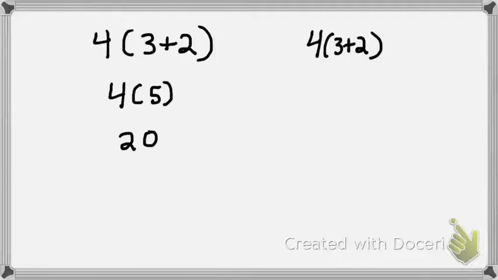What we're going to do is take that outside number and multiply it by everything on the inside. So that's 4 times 3 and 4 times 2.